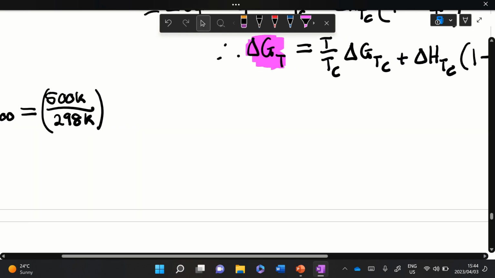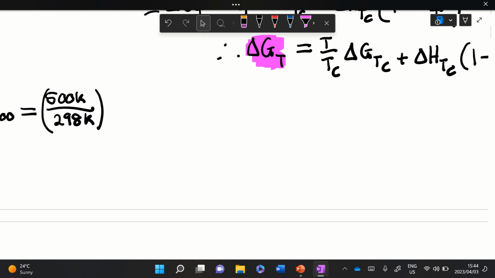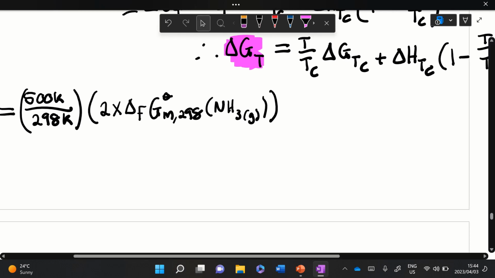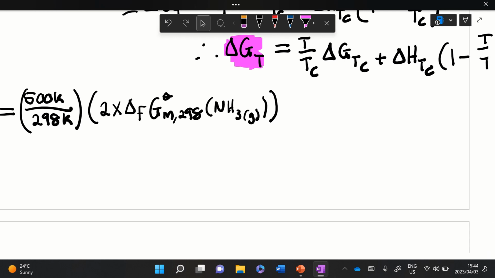Delta G Tc is then 2 times the formation Gibbs free energy of ammonia, because remember there are 2 moles of ammonia gas that form, and we've been over those kinds of examples many times.